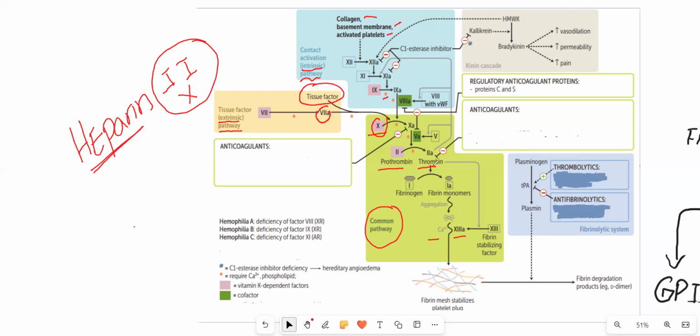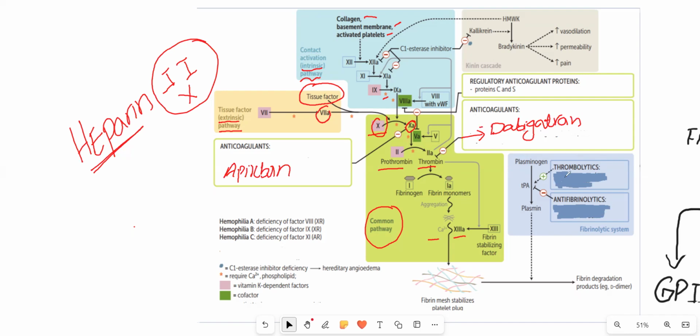Some drugs only specifically inhibit factor 10A. These drugs are apixaban. Apixaban is a drug that inhibits factor 10A only, while some drugs only inhibit factor 2A. They are direct thrombin inhibitors, they are dabigatran.